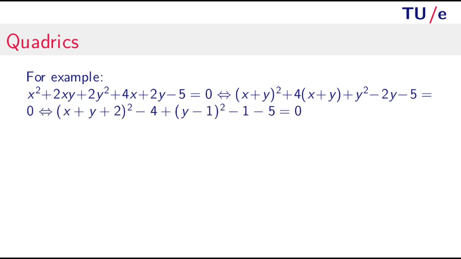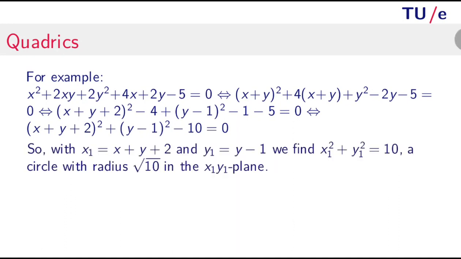Now, again, using completion of the squares tells us that we can rewrite this to x plus y plus 2, between brackets, squared, minus 4, plus y minus 1 squared, minus 1, minus 5 is equal to 0. And now you see this is an equation of the form x plus y plus 2 squared plus y minus 1 squared minus 10 is equal to 0.